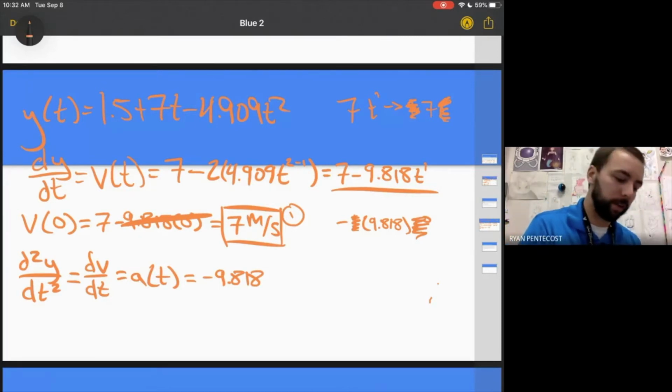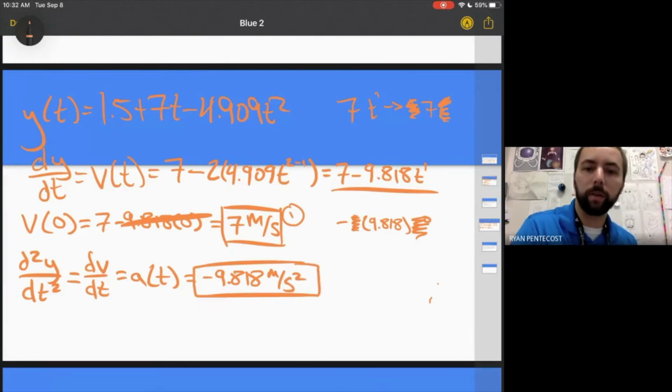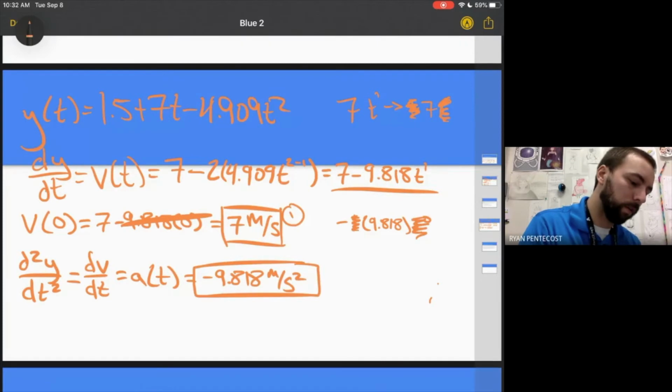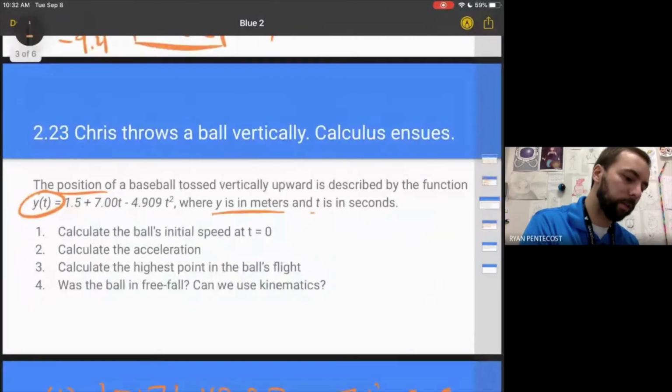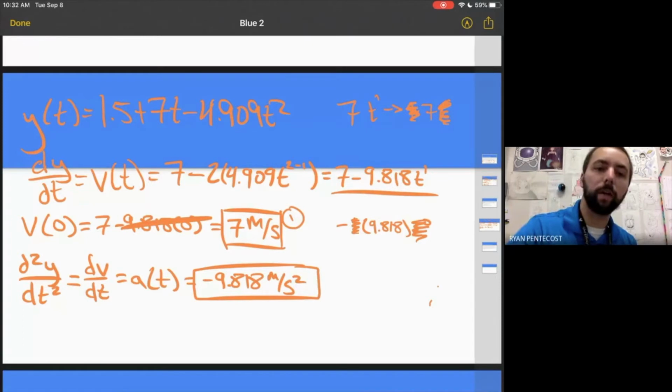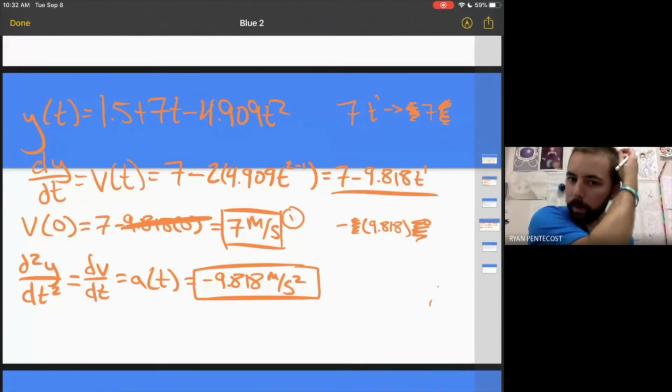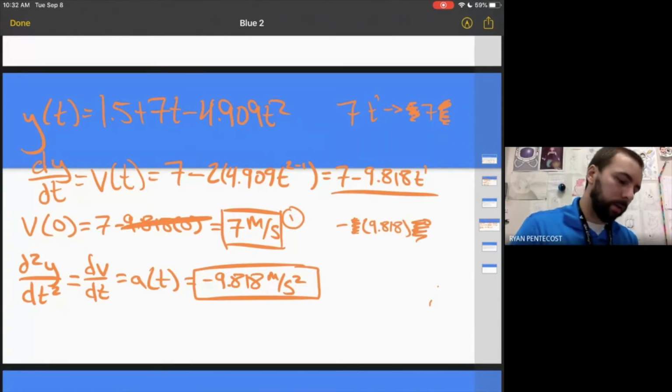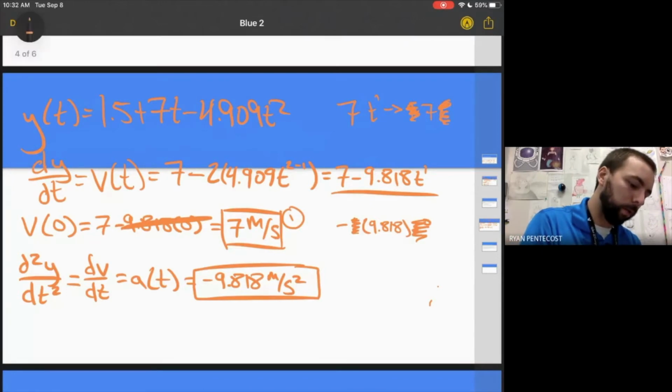So the acceleration there is negative 9.818 meters per second squared. And we know it's meters per second squared because the problem above states y is in meters, t is in seconds. As you take derivatives, you're either going to divide by a time unit or multiply by a time unit, depending on if you're taking the derivative or the integral. Okay, so that was number 2.